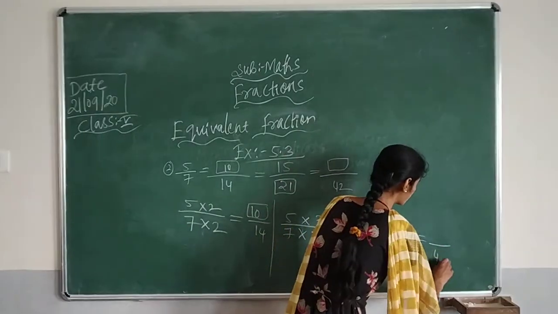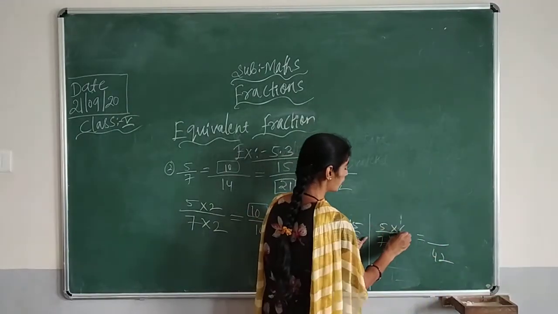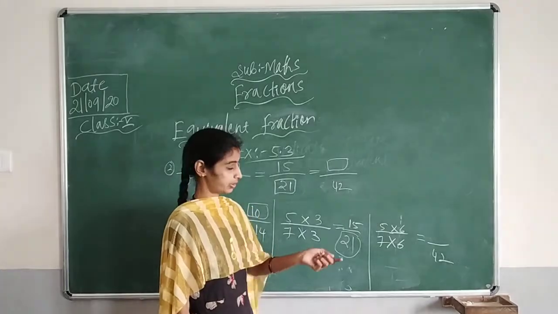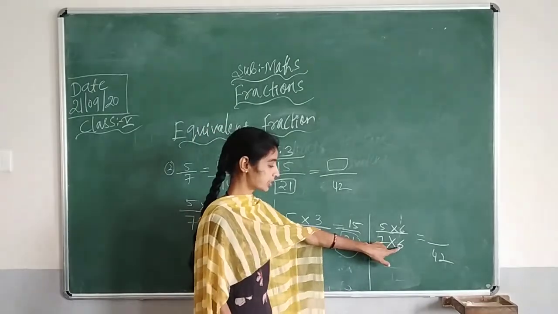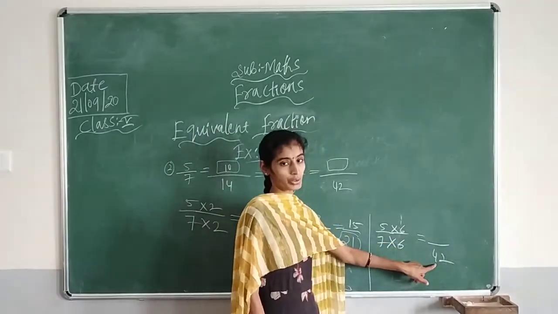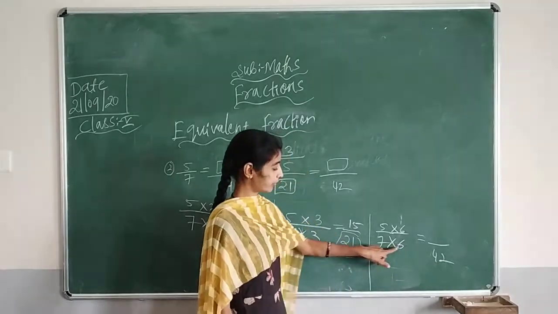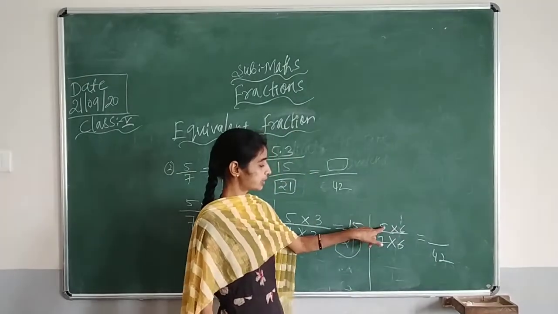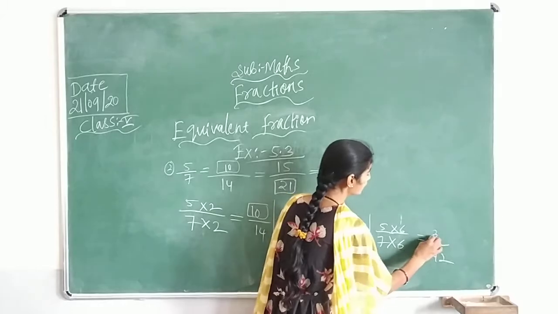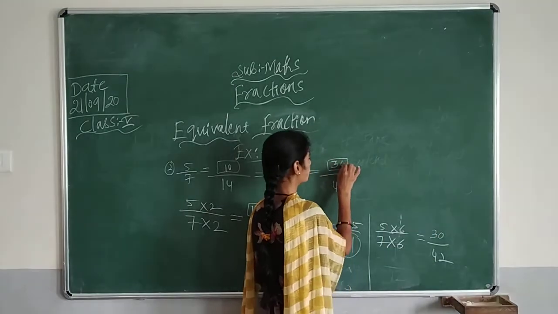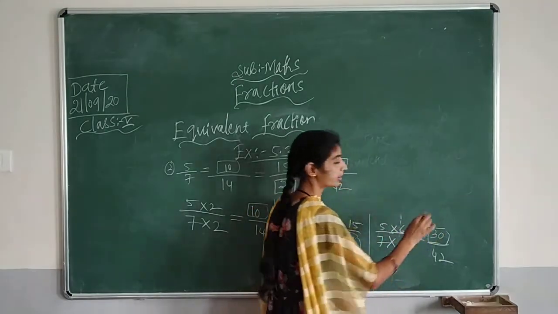So now you have to get 42. Then the same you have to multiply with the numerator. So 7 6s are 42. And it is 5 6s are, how much will it be? 30. So here you have to write it as 30.